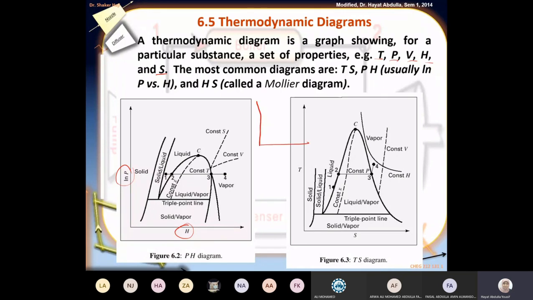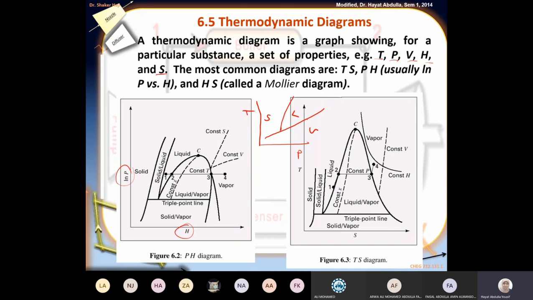a comparison here. With the TP diagram, which was the phase diagram, if you remember, it was something like this. The pattern looked like that. And when we talked about the phases, solid, liquid, and vapor, we mentioned that the change in phase or the saturated mixture phase was represented by lines.